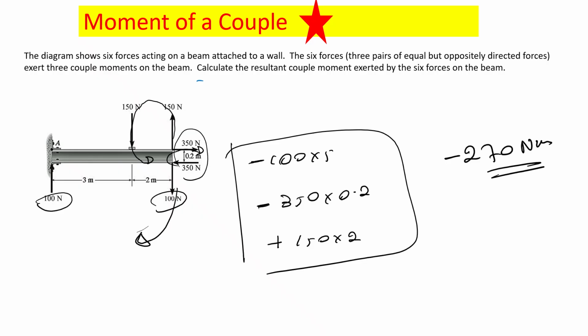Take the calculator, just press the numbers and see. Okay, so the last one, 900, is wrong. So do you see that when you consider the couple separately, or if you take the moment about the point, you will still get the same answer, okay? When you have couple moments, you can easily do it in this way. Are we good?